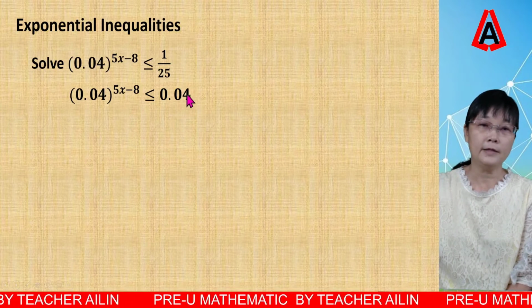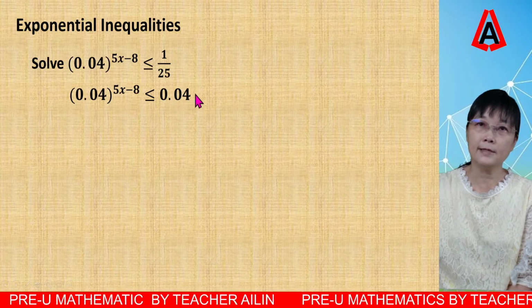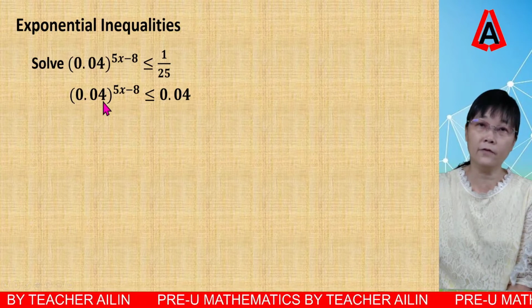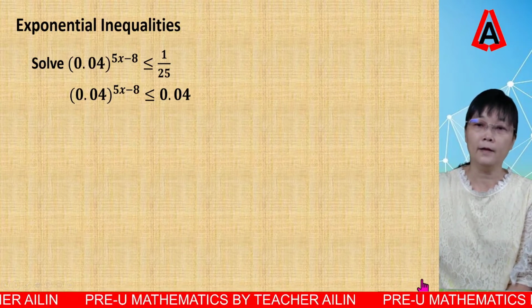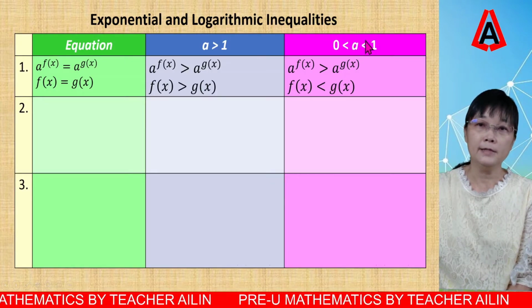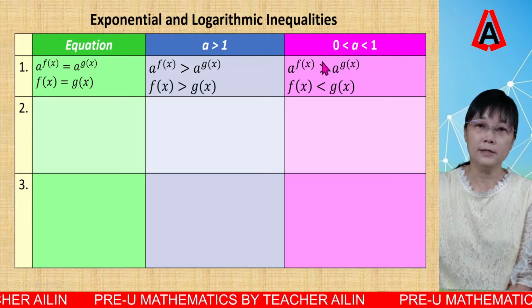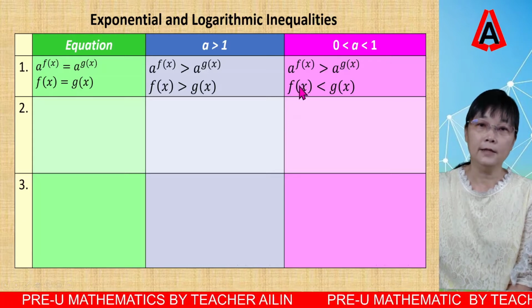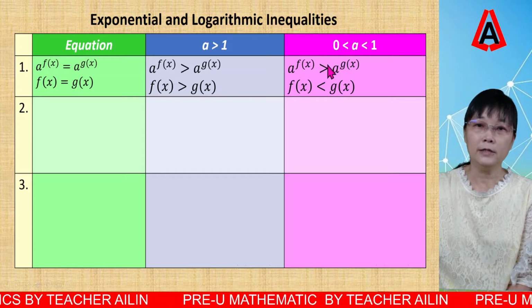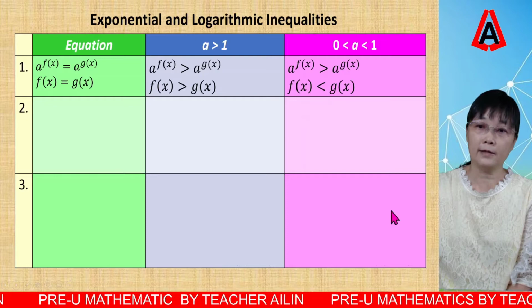Now when we compare the inequality, we find that the base on the left hand side is the same as the base on the right hand side, where the base is 0.04, which is less than 1. When we refer back to the table just now, if the base is less than 1 and the inequality is greater than, then the exponent becomes less than. If the inequality is less than, then the exponent becomes greater than.